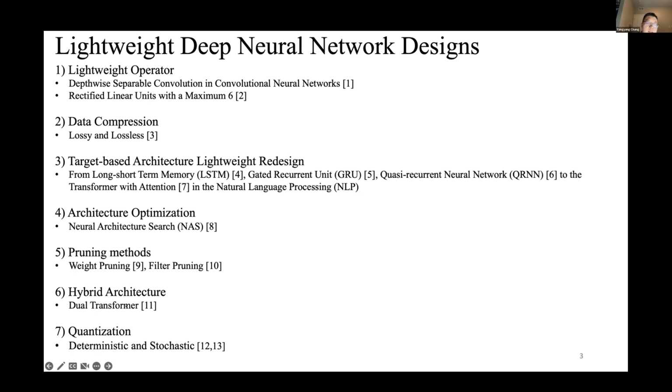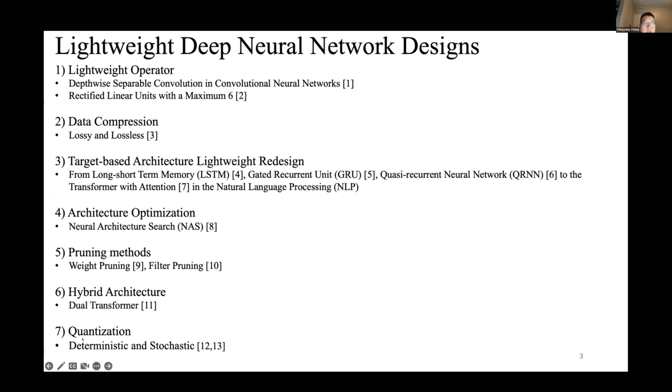Here I directly cite reference 11, called CoCa. This CoCa architecture is ranked first on ImageNet 1K so far, because it has dual transformers. One transformer is for the input text, and one transformer is for the image. It also has fewer parameters than the previous architecture.